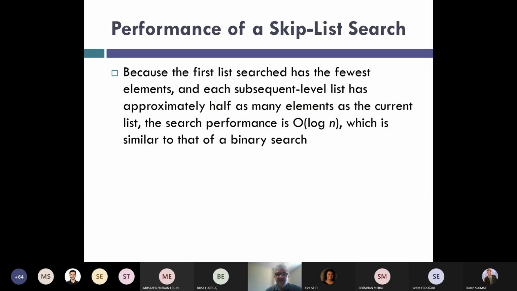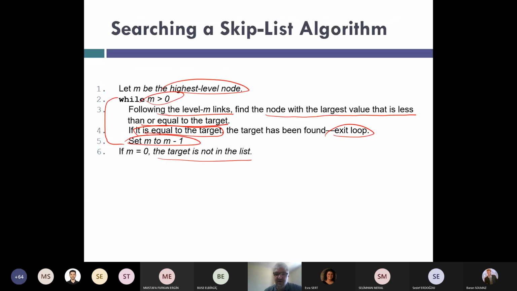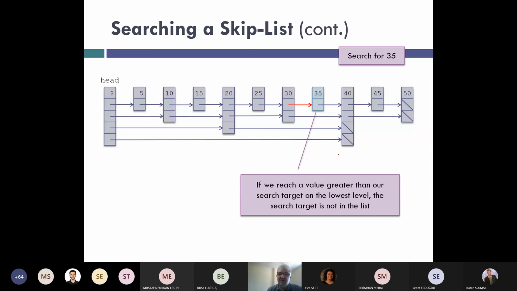Okay. The performance is logarithmic, since in upper levels we have fewer nodes, and by comparing with 40, we just get rid of half of the elements, this part, for example, and by comparing 20, half of the elements are discarded, this part.